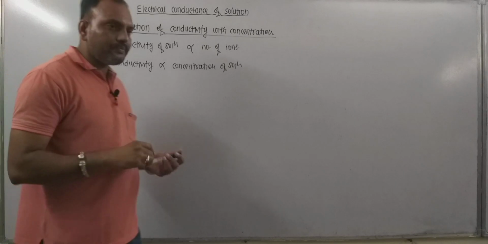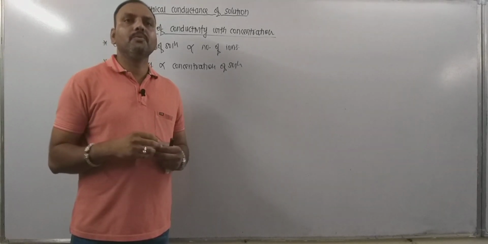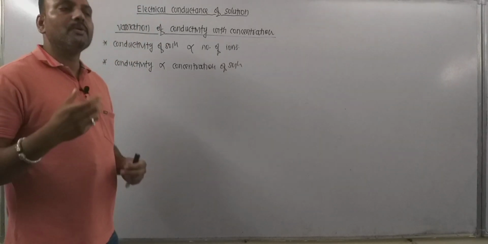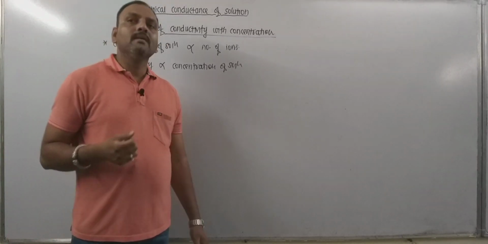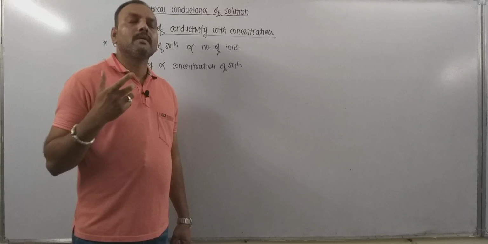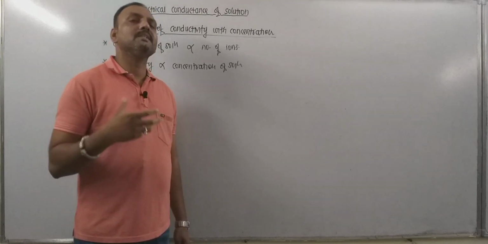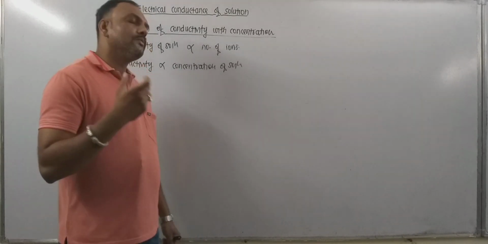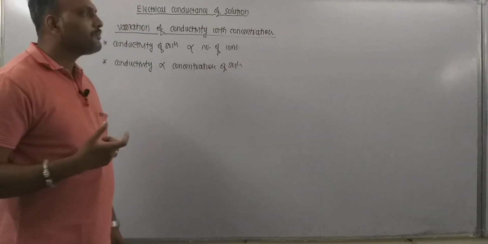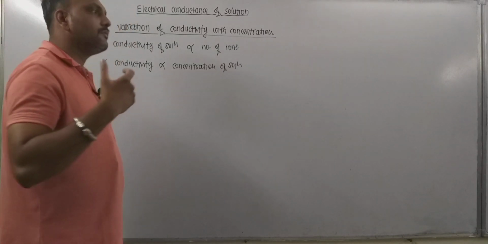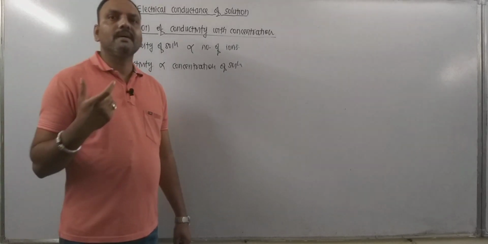Now if we are working with a solution of a strong electrolyte, then we know very well that strong electrolytes are dissociated completely, or to a greater extent, producing a large number of ions. Thus, an increase in the concentration of a strong electrolyte solution records a hike in conductivity.